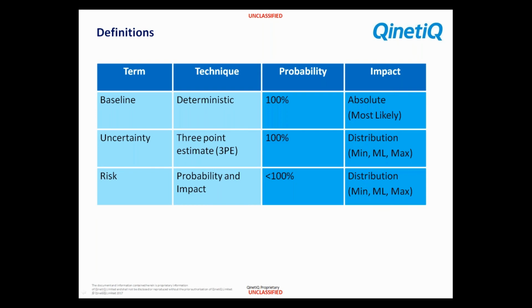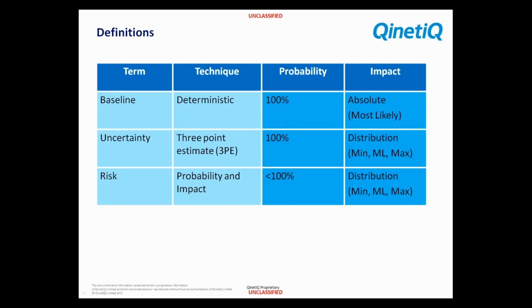That might be my minimum time to get home. Conversely, if the traffic lights are all red and the traffic is very busy, then it might take me 30 minutes to get home. So I can start to establish a 3-point estimate: a minimum, a most likely, which is the same, and a maximum.